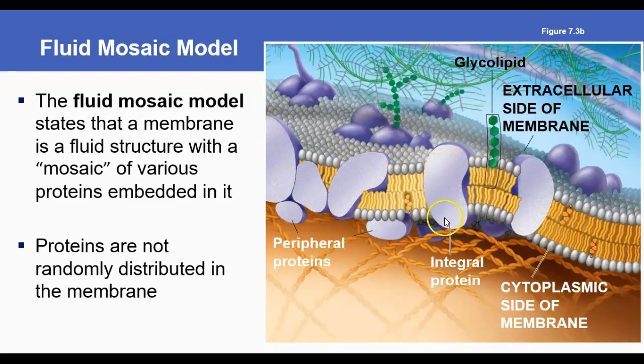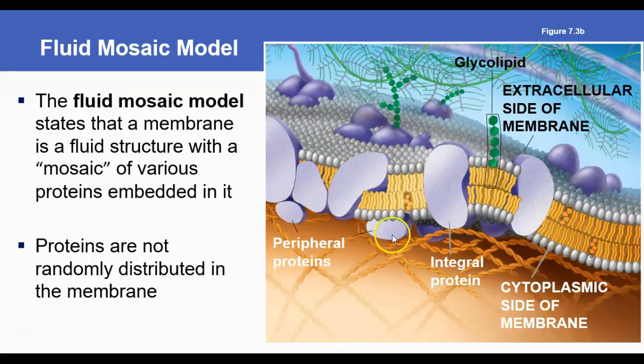So we've got these integral proteins that are going from the outside of the cell to the inside. This is the inside of the cell, which you can see by the cell structure. You can see the cytoskeleton, and you can see, of course, the extracellular side, the outside, with that extracellular matrix. So we've got proteins that are spanning from outside to in.